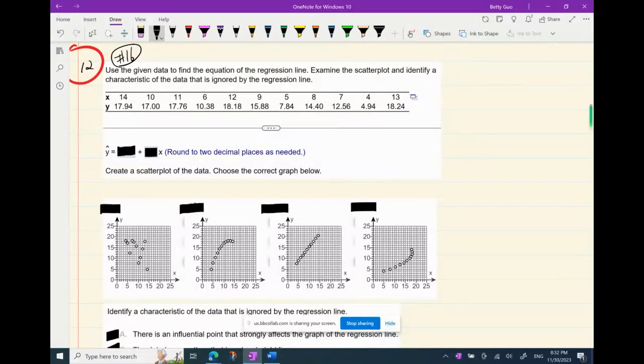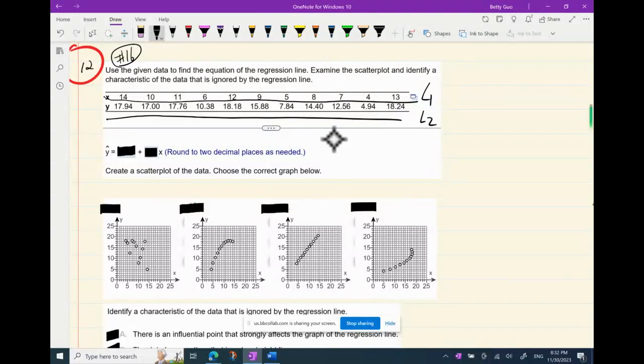You do it: you enter this into list 1, sorry, and that into L2, and you do the stat tests. You do this function. I'll give you 2 minutes.